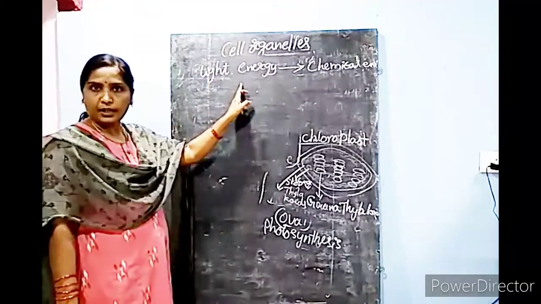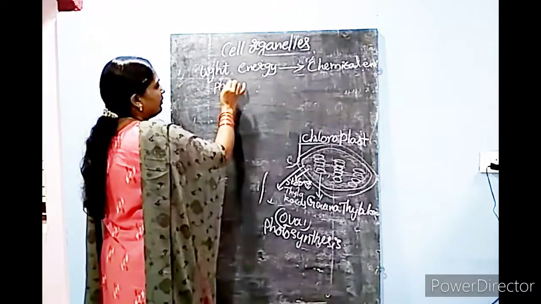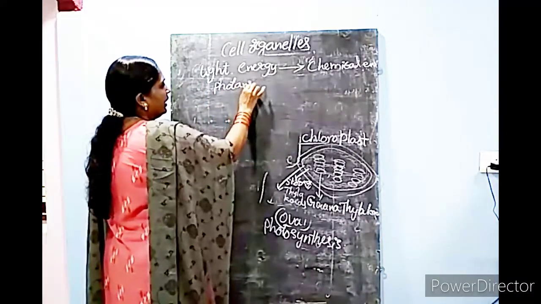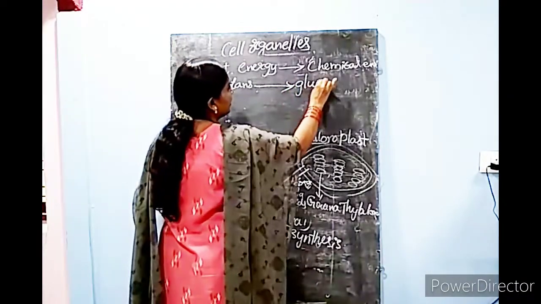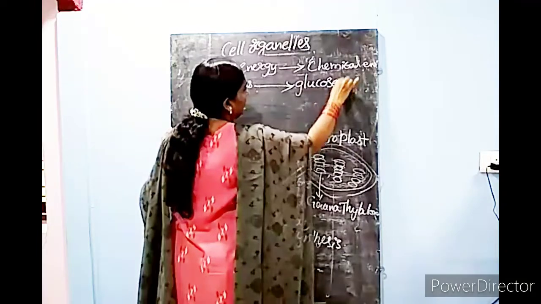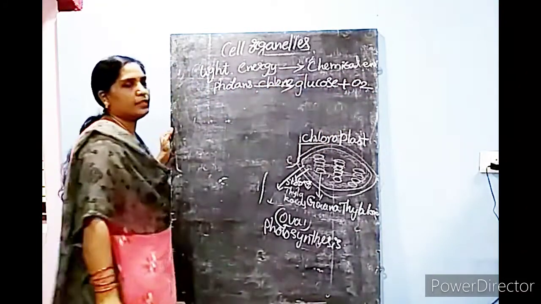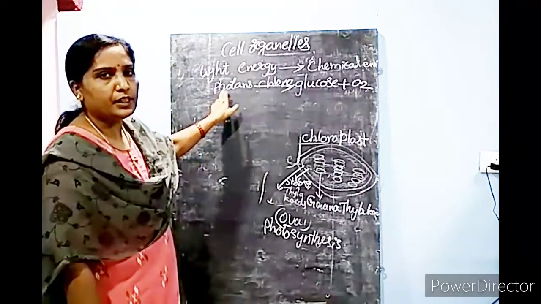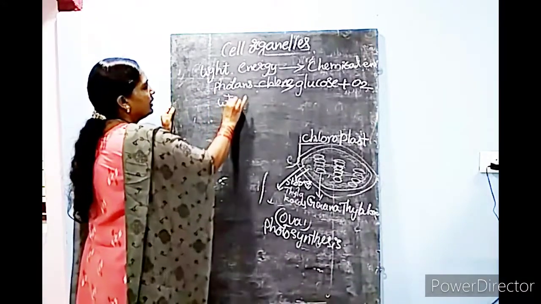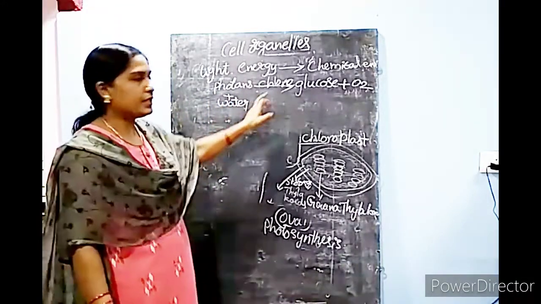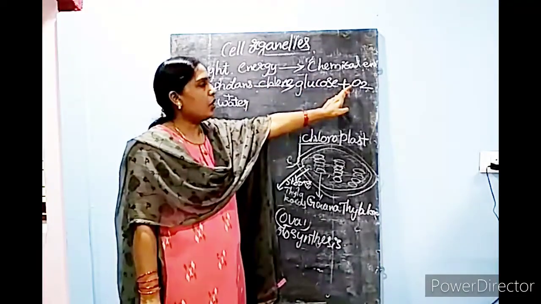They store the sunlight's energy in the form of photons, and they take the energy in the form of photons and convert it into glucose plus oxygen. Who is helping here? Chloroplast is helping. With the help of water molecules, the chloroplast is converting light energy into glucose and oxygen.